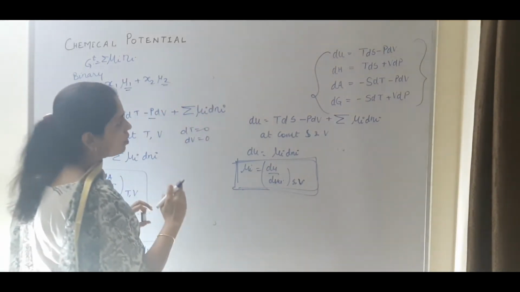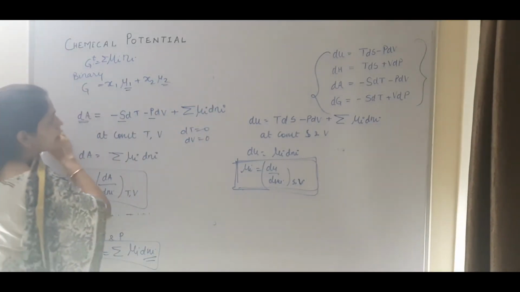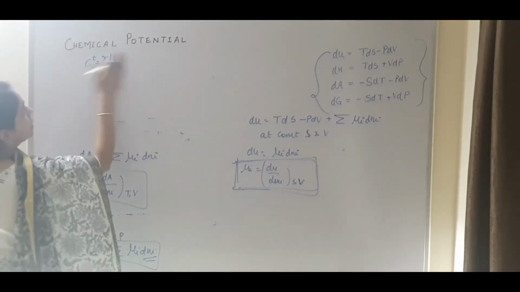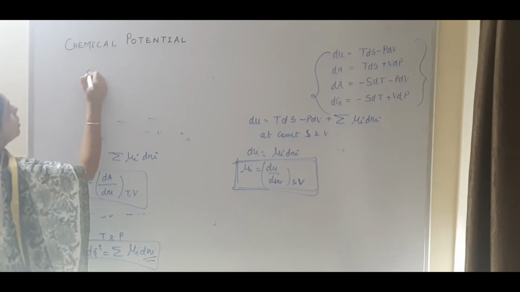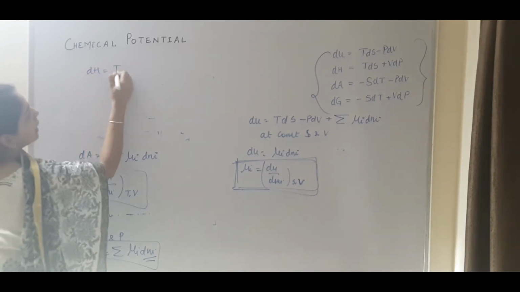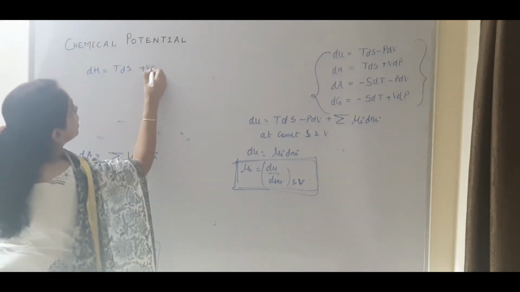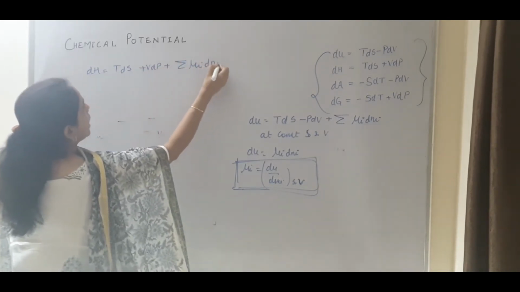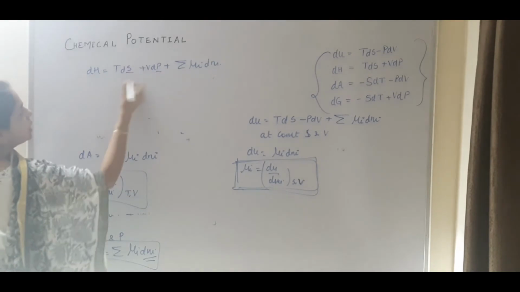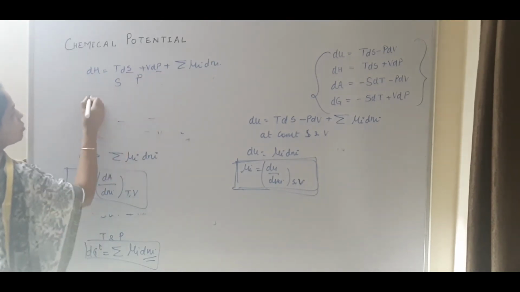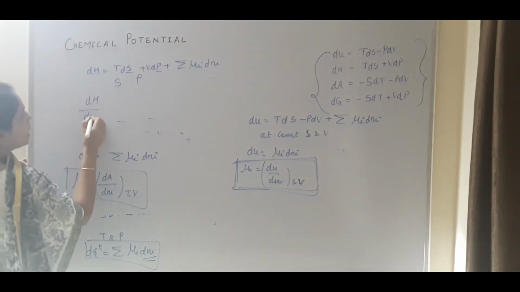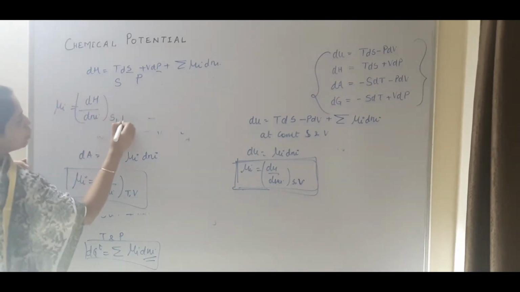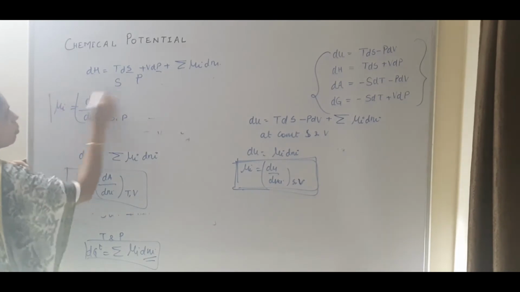Similarly, you can also derive the relation in terms of enthalpy. Enthalpy: dH equals T dS plus V dP. Again you need to add the summation of mu i dn i. Keeping entropy and pressure constant, mu i equals dH upon dn i at constant entropy and pressure. So this is one more relationship.